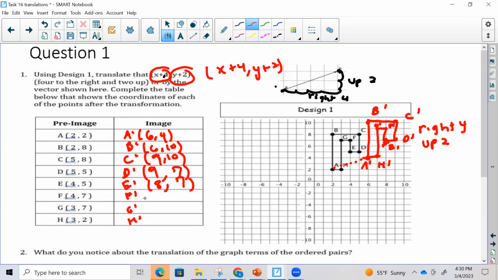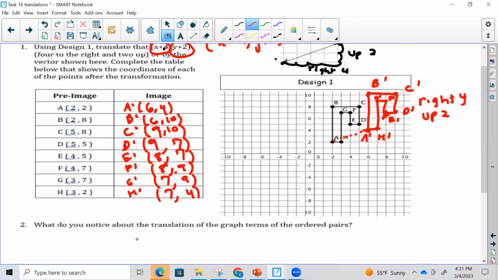Okay, it's always 4 to the X coordinate, 2 to the Y. So 4 plus 4 is 8. 2 to the Y coordinate, 7 plus 2 is 9. 4 to the X coordinate, so 3 plus 4 is 7. 7 plus 2 is 9. Three plus 4 is 7. And then 2 plus 2 is 4. And you can check them and make sure we have them all matched up with that.